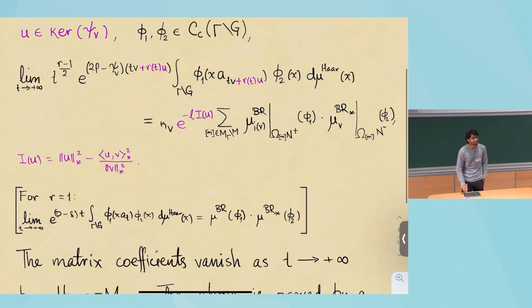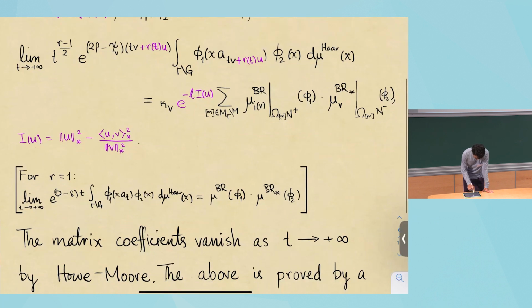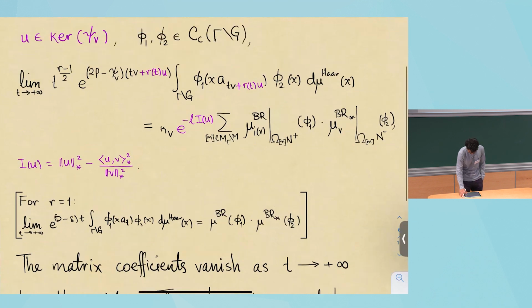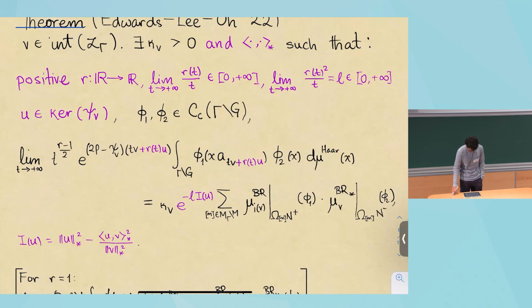Okay, now I will briefly mention that in rank 1, this reduces to what is already known. Why in the theorem does the limit of RT over T not occur? You assume there is a limit for RT over T, and this limit doesn't occur in the formula?